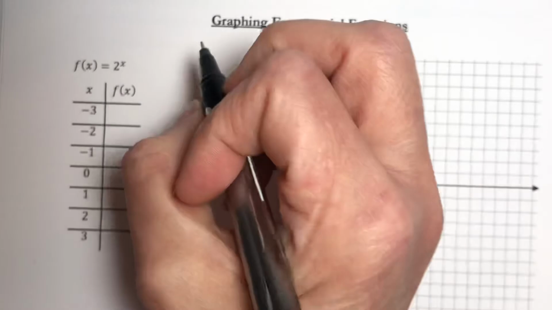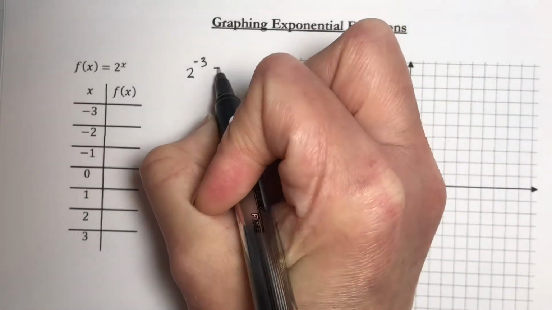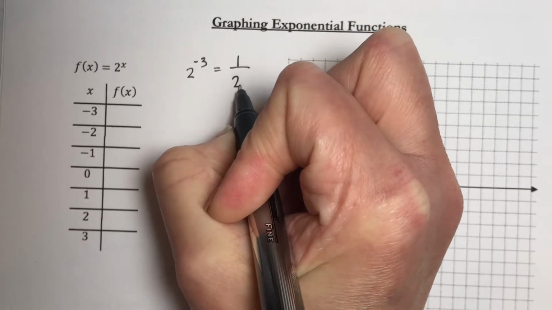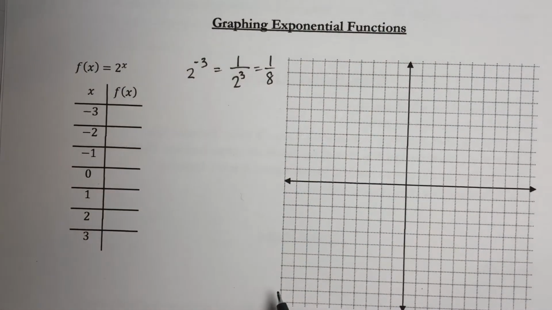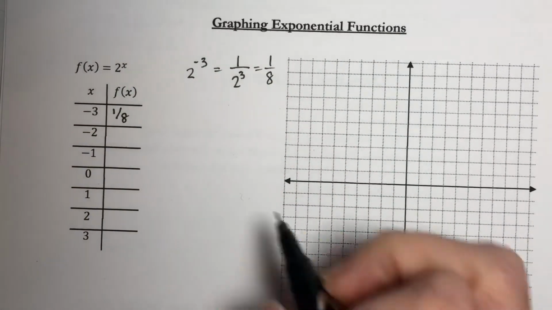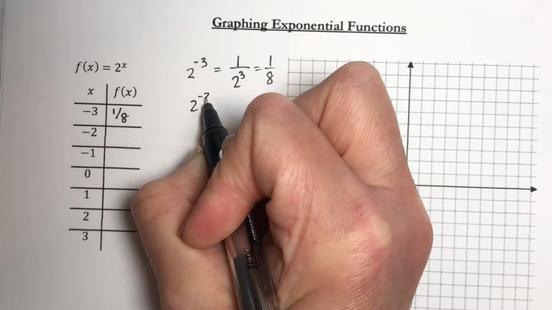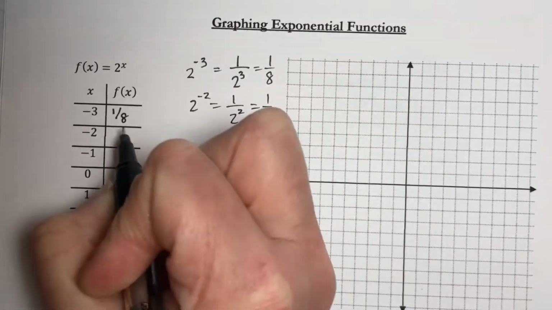So if I do 2 to the negative 3, we should know that that's the same thing as 1 over 2 cubed, which is 1/8. Okay, so 1/8. If I do 2 to the negative 2, that's 1 over 2 squared, which is 1/4.